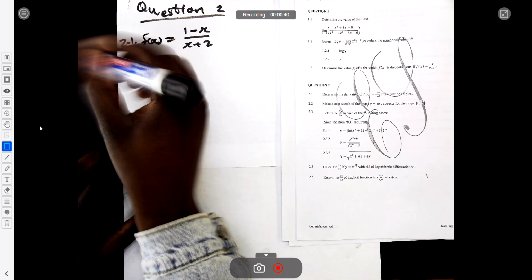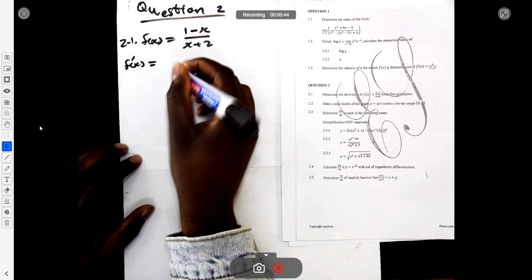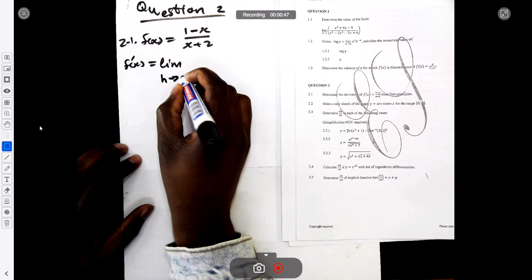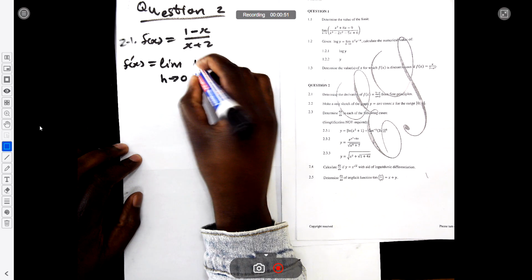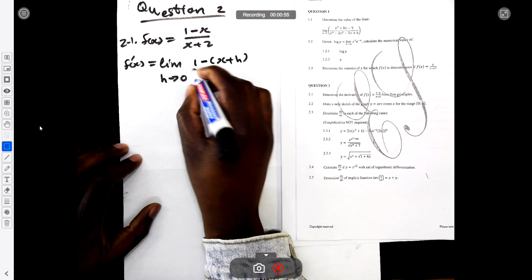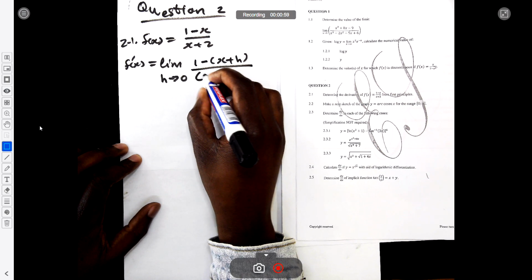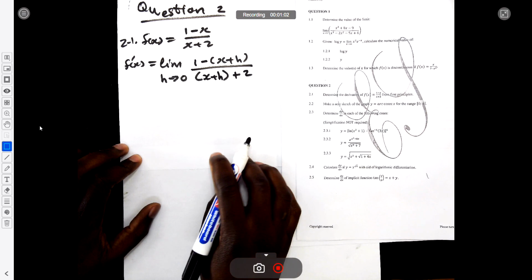From first principle, we know that the derivative of the function equals the limit as h approaches 0. Where there's x, we're going to substitute x plus h, all divided by this x plus h in brackets, then plus 2.